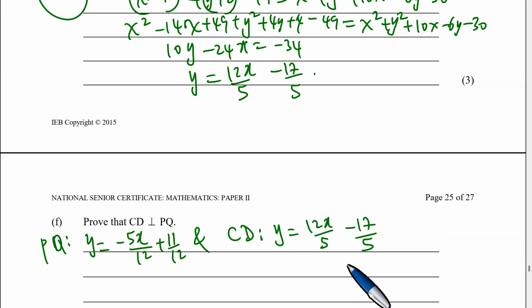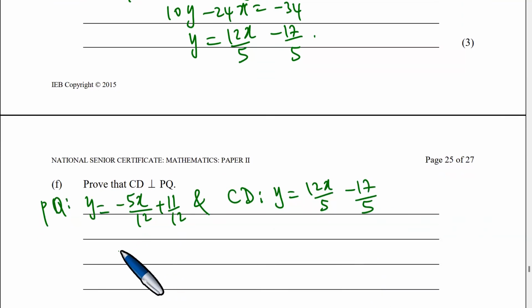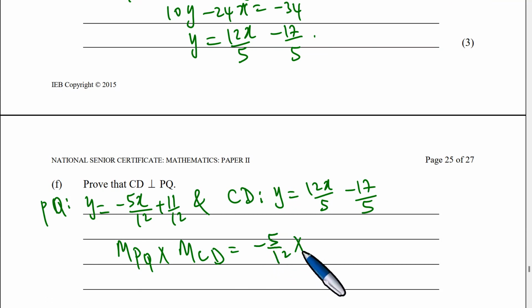So, which means therefore we'll take the gradient of PQ times the gradient of CD. The gradient of PQ is minus 5 out of 12, of CD is 12 out of 5.